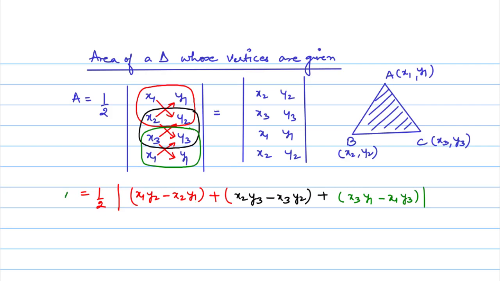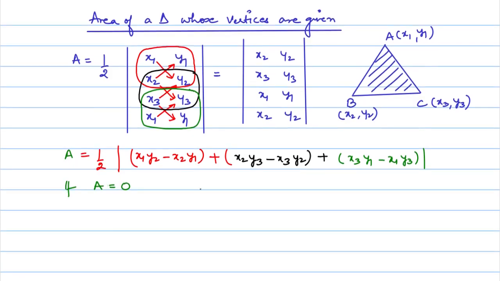Now, if this area comes out to be 0, what does this tell you? It tells you that the points A, B, C are collinear. What do you mean by collinear?